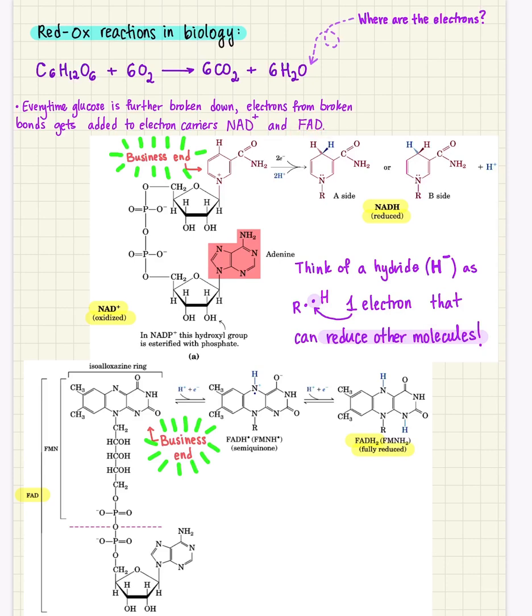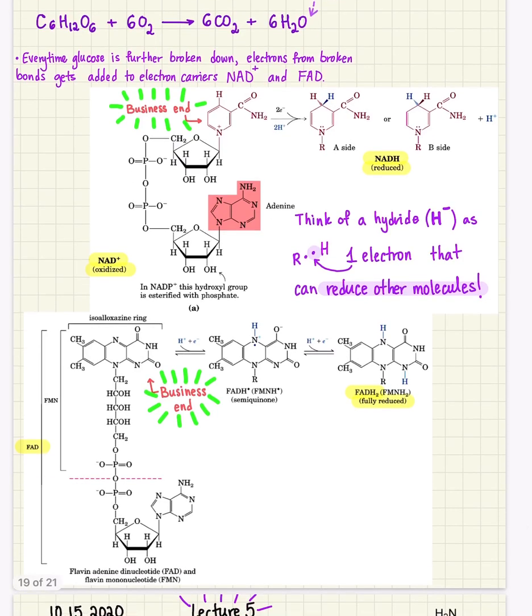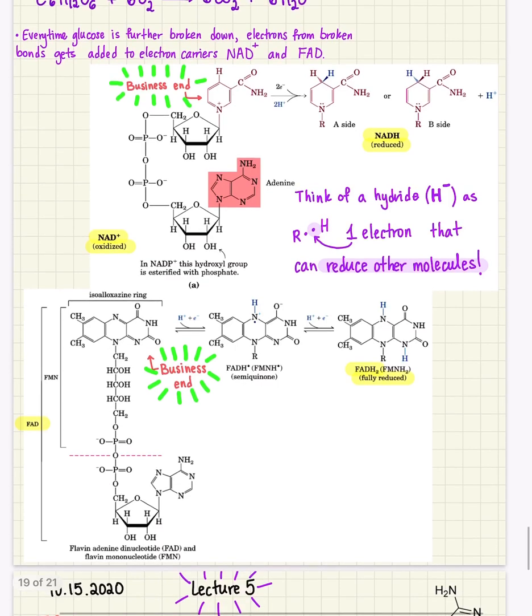After these electrons are added to these molecules, then these molecules are reduced because we have now added electrons to each of them. And then later in the course, we will learn how the reduced NAD, which is NADH plus H plus, and the reduced version of FAD, which is FADH2, go on to the Krebs cycle.